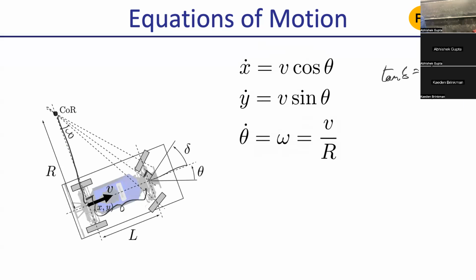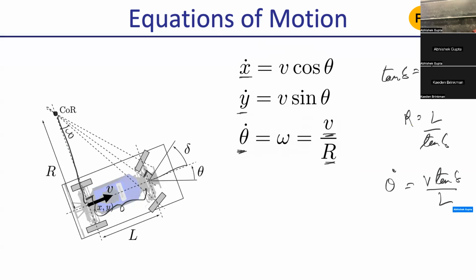And then we want to figure out, okay, so we talked about how the x is changing. We've talked about how the y is changing. And for the theta change, it's just the angular velocity, right? Which is equal to the velocity divided by the radius, right? And here the radius is equal to L over tan delta, right? So we have that the angular velocity is v tan delta over L, right?